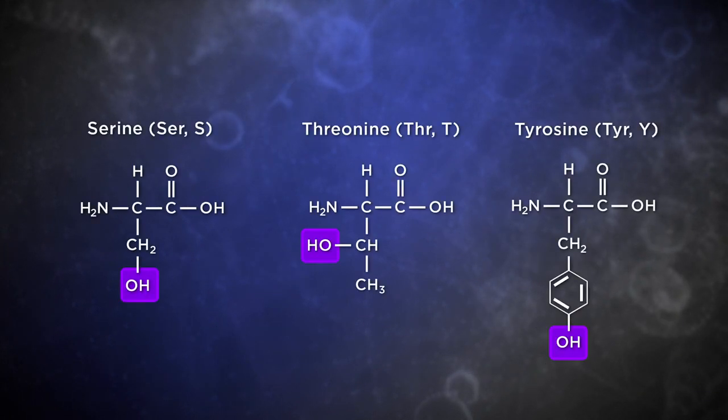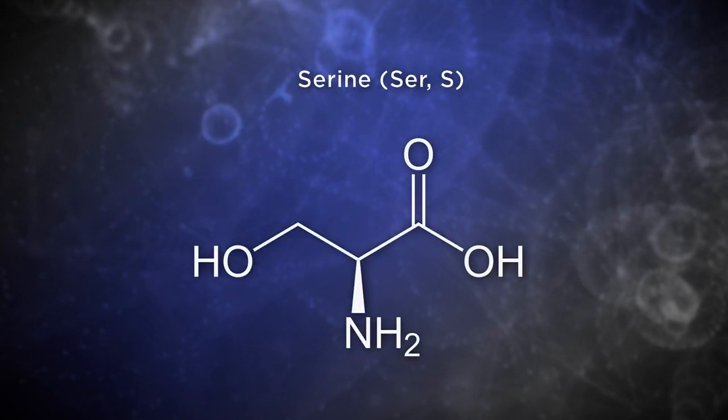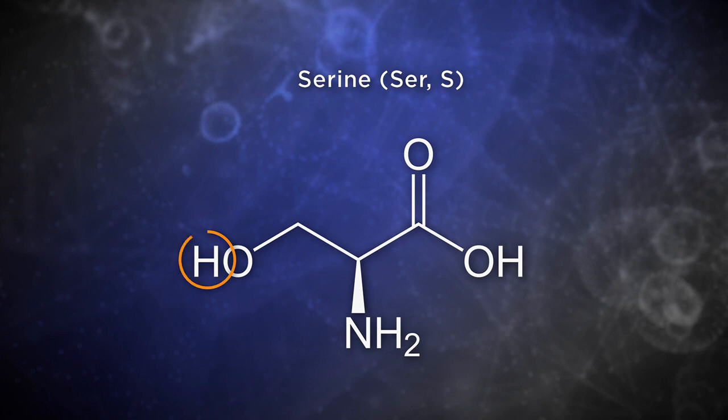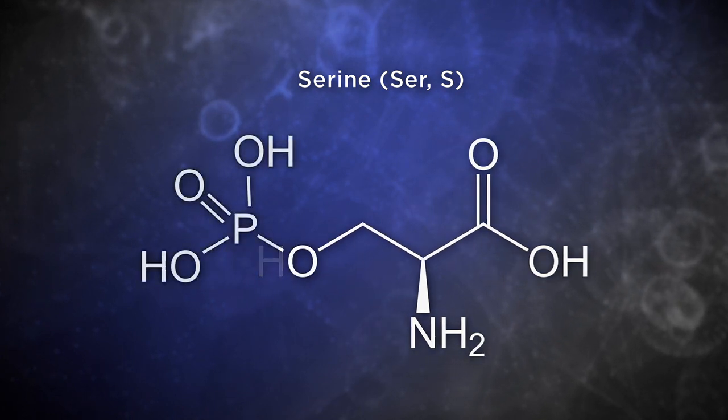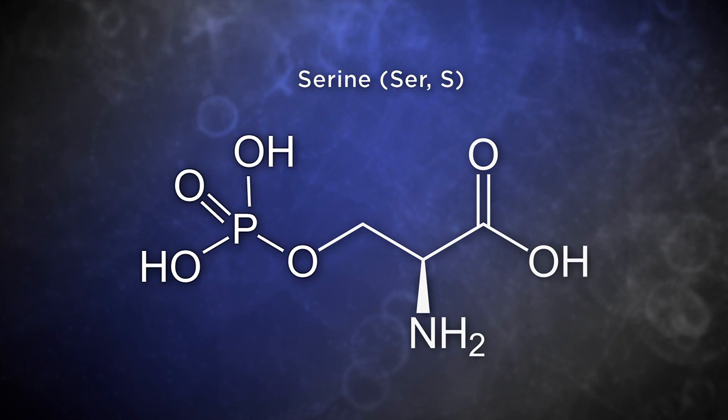All three of the hydroxyl amino acids in proteins can have their hydroxyl groups modified. Enzymes called kinases catalyze replacement of the hydrogen on hydroxyl groups with a phosphate, a modification hugely important for protein regulation. Phosphorylation can act as a sort of switch where toggling between the phosphorylated and unphosphorylated state determines whether a protein is active or not.